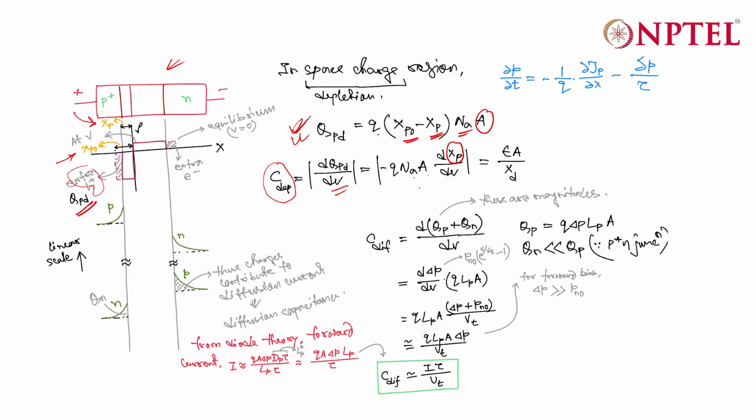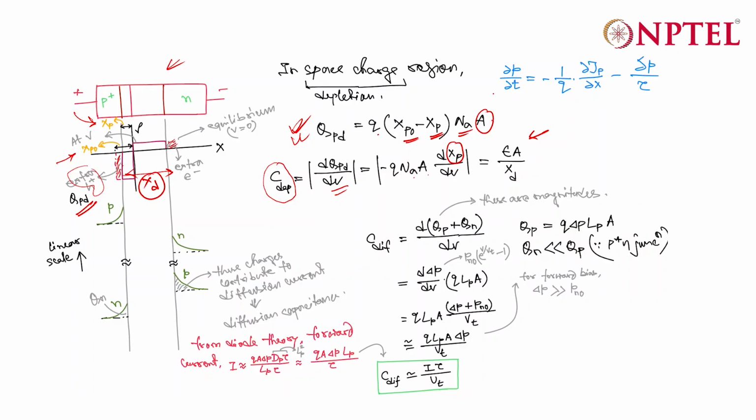However, without doing this also, very easily you can understand the value of the C depletion, because here we have the charges that are separated by xd, that is the depletion width, and as both of these charges are acting as a parallel plate capacitor, the capacitance associated with this is nothing but epsilon A by xd.